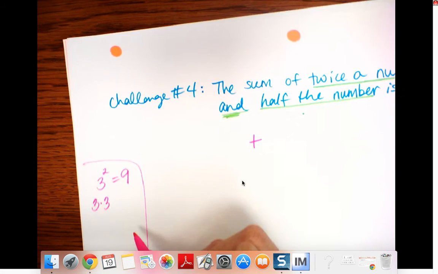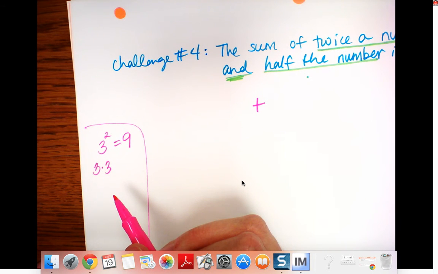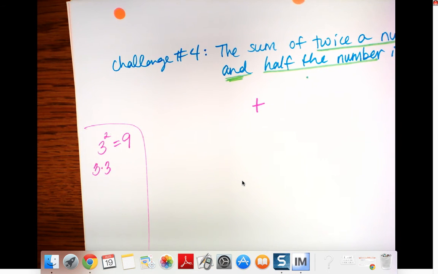Now, if you say twice something, such as she paid for the football ticket twice. Well, how many times did she pay for it? 2 times. Multiplication is repeated addition. So twice a number would be the number plus the number.